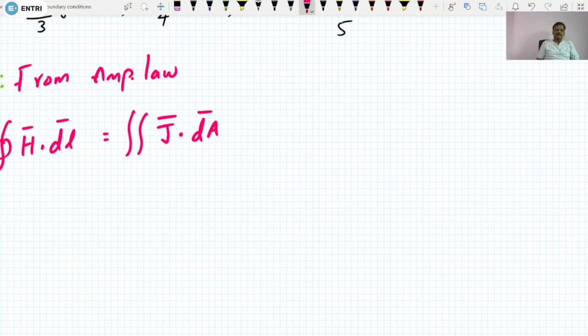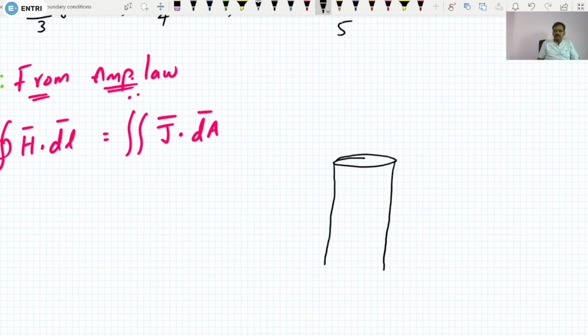So this is from Ampere's law. Now see here what they are saying. There is a cylindrical wire. Let us consider this as the long cylindrical wire.